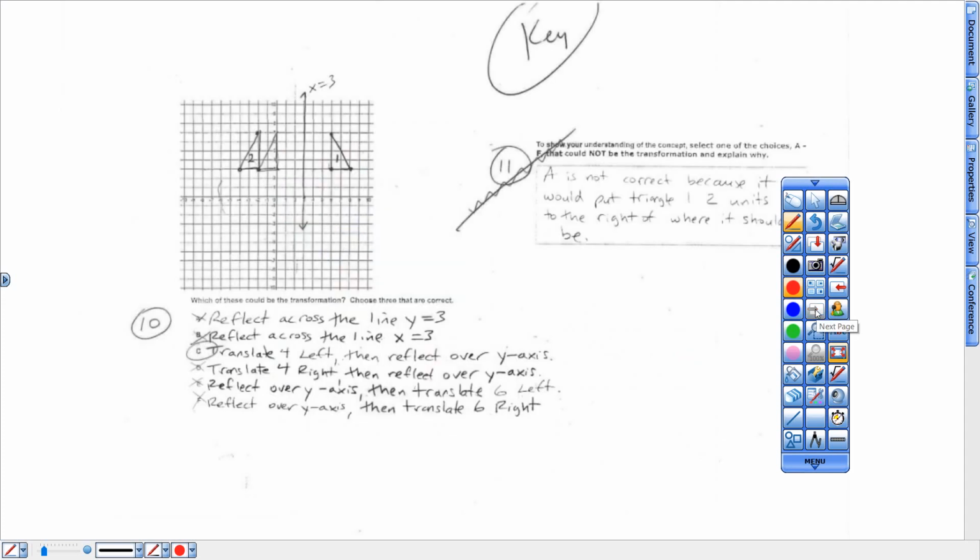Missed. All right, and then the last one here, which my mistake, there should have been 3 answers. There will be 3 tomorrow, I promise. The only one that works for this one is if I take that triangle and translate it 4 to the left. 1, 2, 3, 4 would give me a triangle that would be right here.